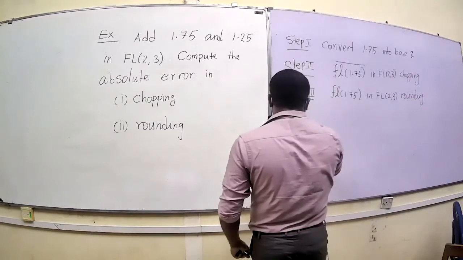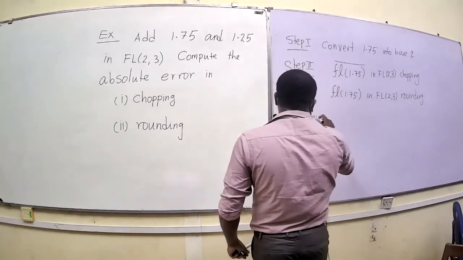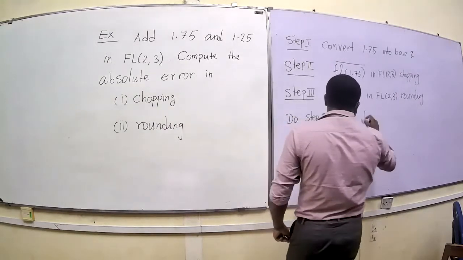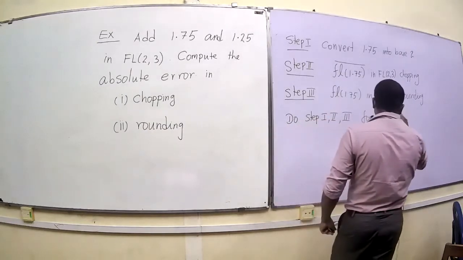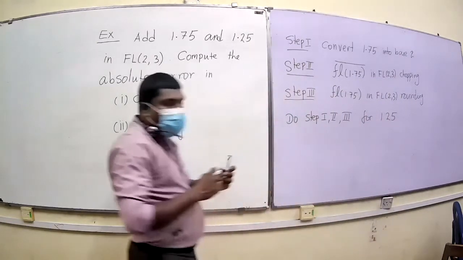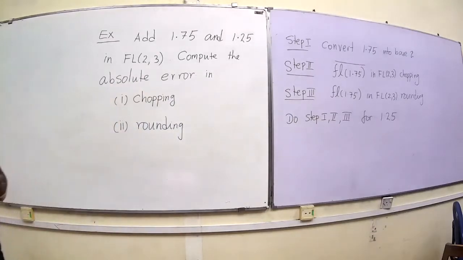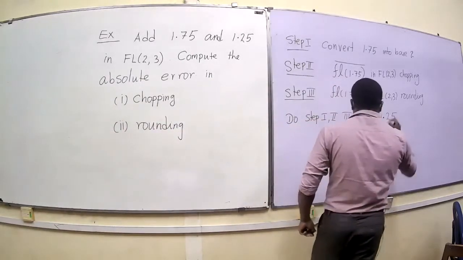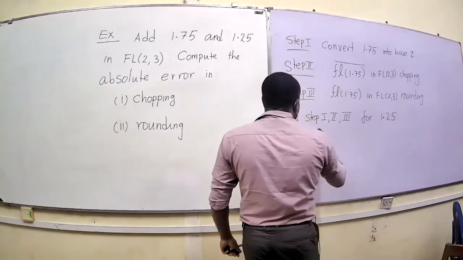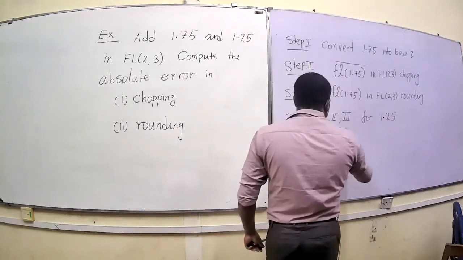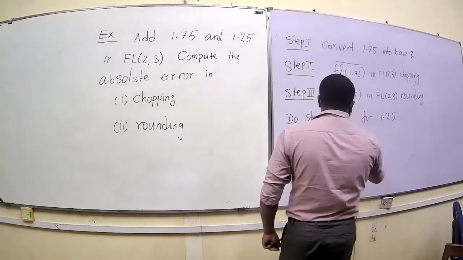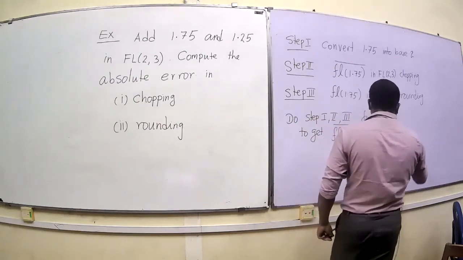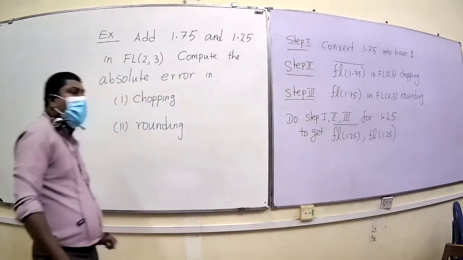So next you do everything for 1.25, and then you get FL of 1.25 bar and FL of 1.25, right?